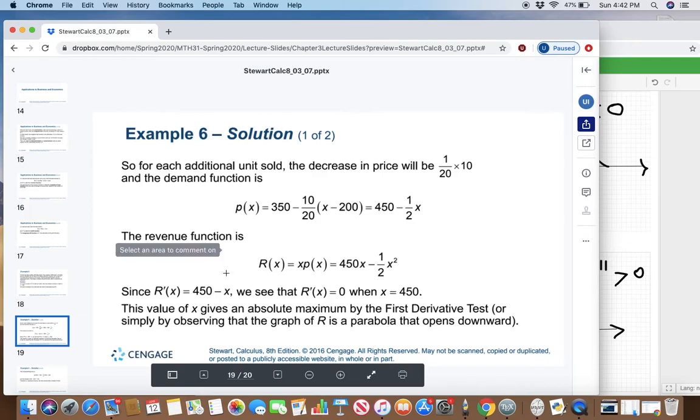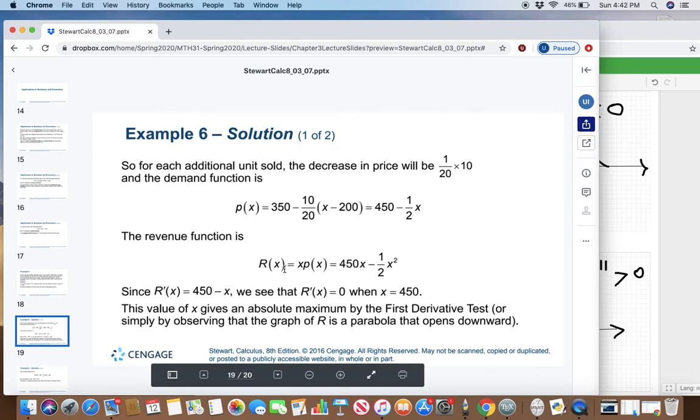What is the revenue function? Revenue is the number of units sold, which is x, times price per unit, p(x). So x times p(x): x times 450 minus half x, so 450x minus half x squared. So you want to maximize revenue.